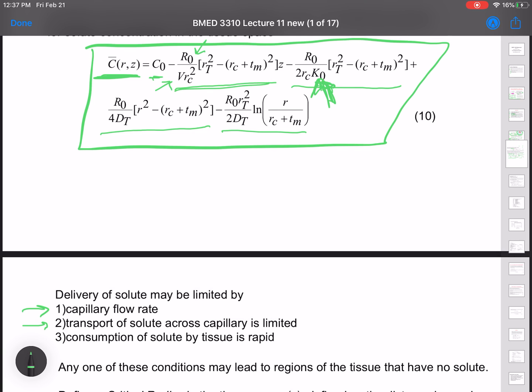If K0 is very small, then once again this term becomes large and it's negative, so it would decrease the transport. And if consumption is rapid, then all of these negative terms are increased because R0 is in all of them.